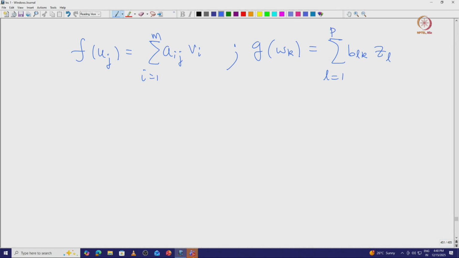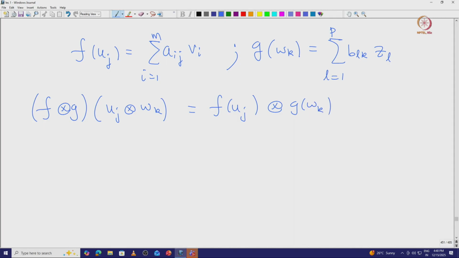So, this is by definition. Now, if you look at f tensor g applied on uj tensor wk, this is going to be exactly f of uj tensor g of wk. So, we need to just see how f tensor g acts on the basis. That is what we are actually calculating.